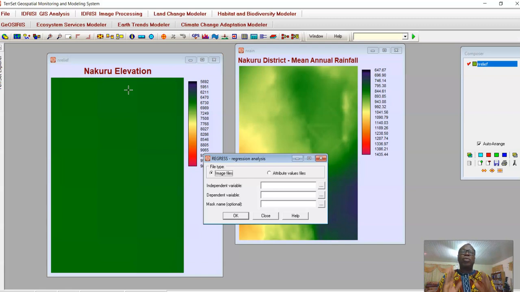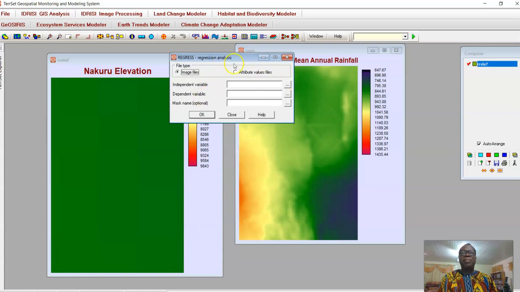But in this case, we want to look at the linear relationship between two images, that is the elevation and the rainfall. So what we do is pick the independent variable. With normal conventional statistics, the independent variable is the one that determines the dependent variable. We want to check whether the amount of rainfall that falls in this region is influenced by the elevation, by the height, by the topography.